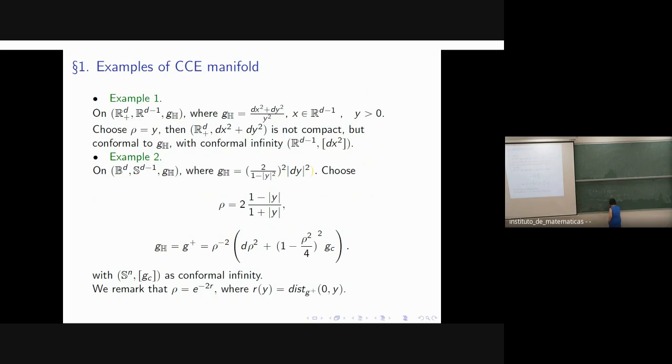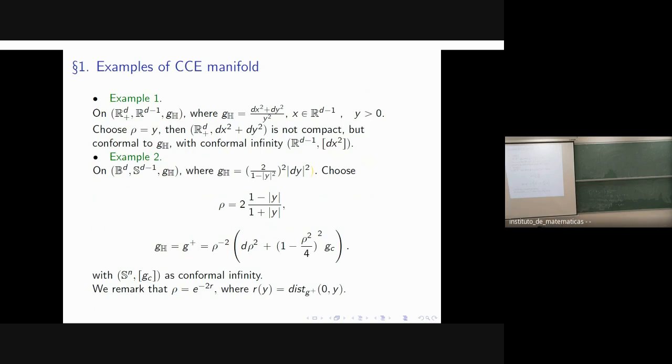That's why I use the notation rho. Well, this r is the distance in hyperbolic metric from the point y to 0. Okay, so there is a relation: log rho over 2 is the hyperbolic distance. Something to keep in mind.